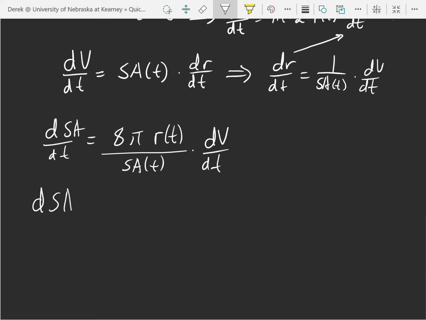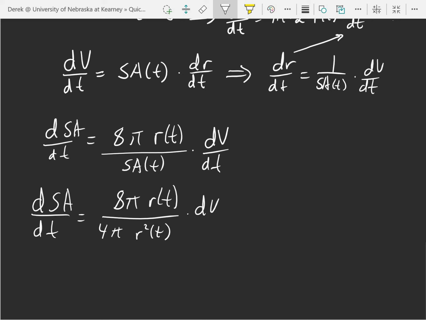So d surface area dt is 8 pi r of t divided by 4 pi r squared of t times dV dt. And a lot of this cancels. That cancels with one of those. I get a 2. So this is 2 over r of t times dV dt.